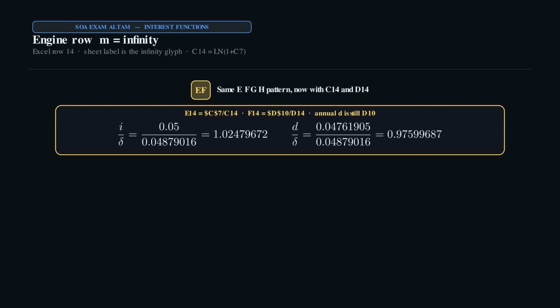The interest ratio is 0.05 over delta, 1.02479672. The discount ratio is annual d over delta, 0.975998687. Annual d is still locked D10, not D14.